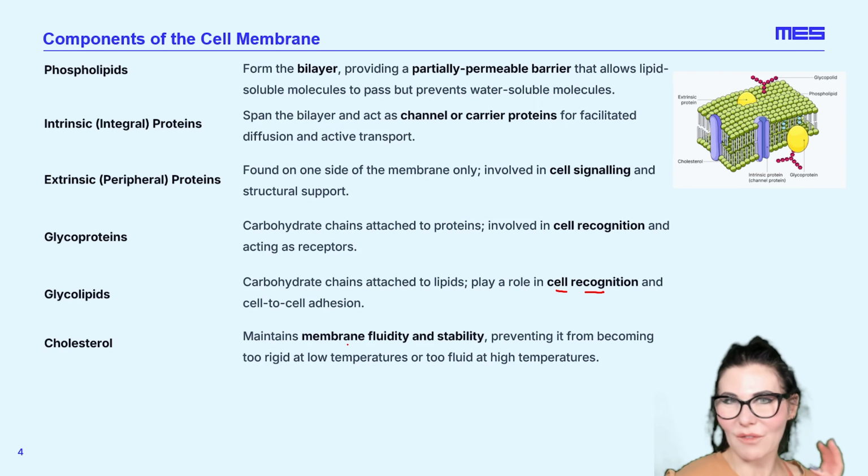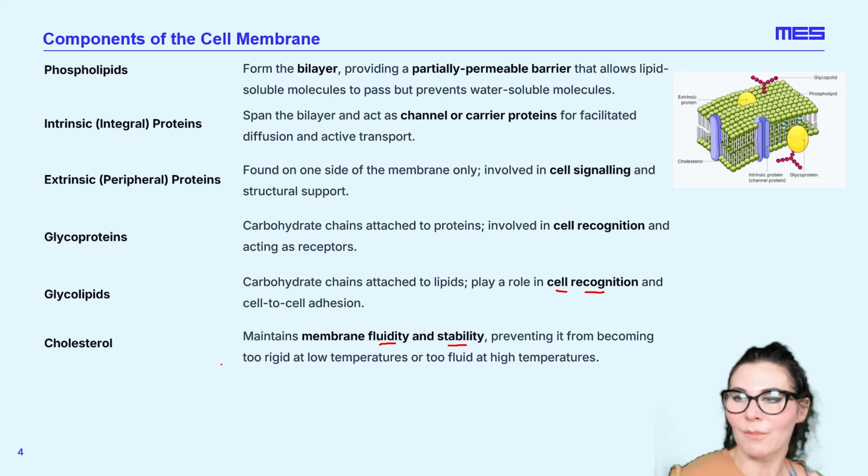So the cholesterol has a very important job in maintaining the right amount of fluidity and hence stability of the membrane. And cholesterol works at different temperatures to ensure that the membrane is always maintained as this flexible but stable barrier between the inside and the outside of the cell.